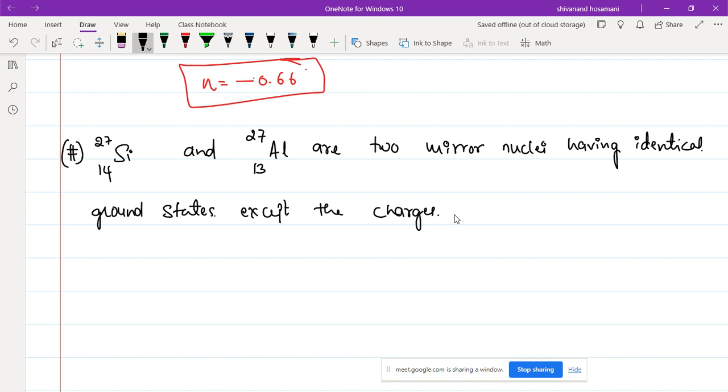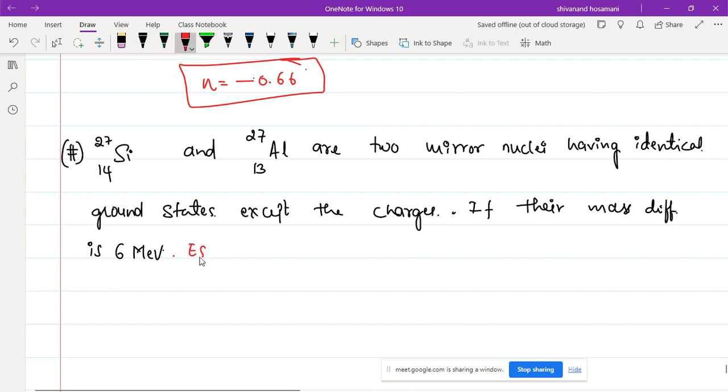If their mass difference is 6 mega electron volt, estimate their radius.